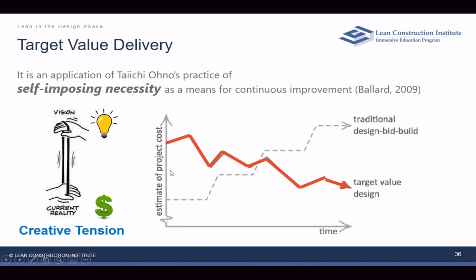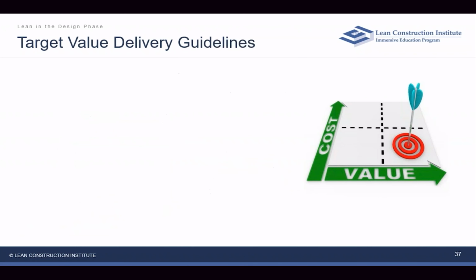If we build transparency, which target value delivery does, there's a real high level of trust in the room, because people are being open and transparent about their pricing and their costs and their profits. And so this creates an entire environment of transparency, where the teams are really able to pull levers to change the direction of costs and design quickly.